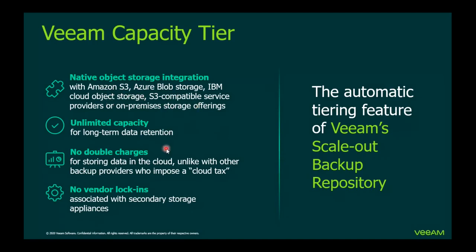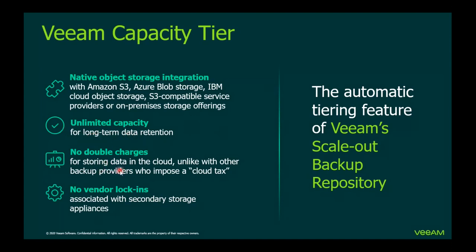Once the data has been written on your primary repository, depending on your policy, you get two options: either do a copy of your data or do a movement of your data. If you are doing a copy, one copy of your backup data will go there. It gives you a functionality of unlimited capacity.